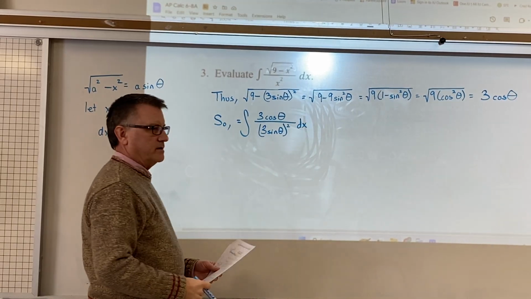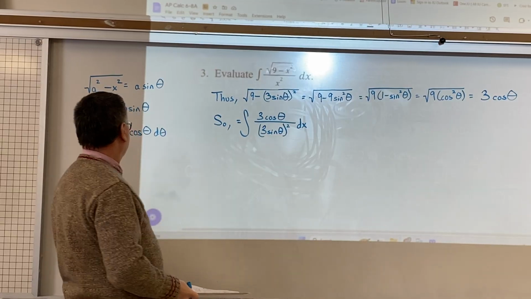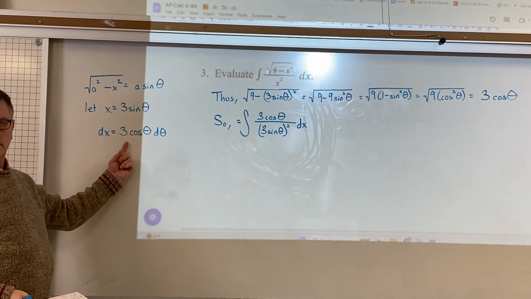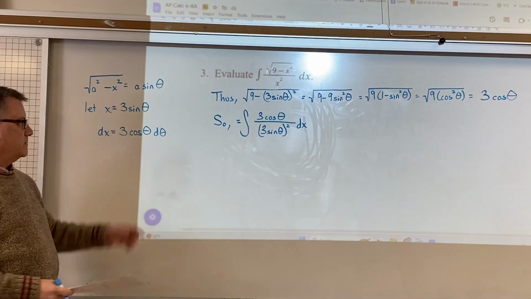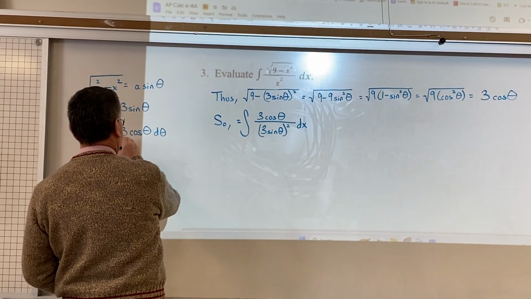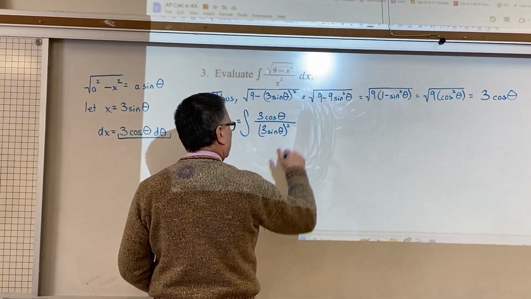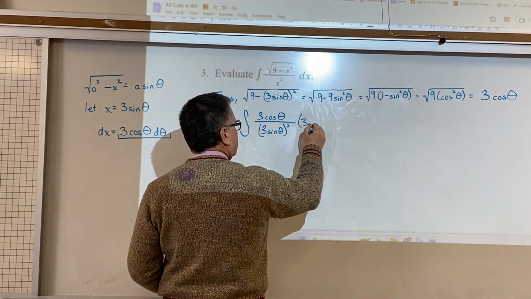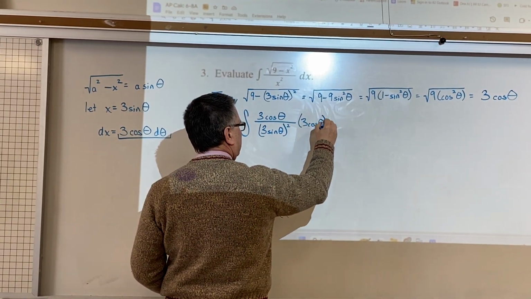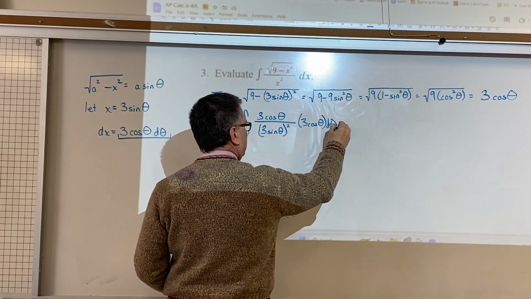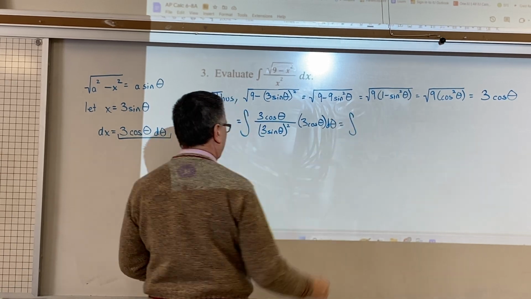We still got dx, we haven't done anything. dx is this, right? So I can go ahead and change this dx to 3 cosine theta d theta. And then we'll clear this.